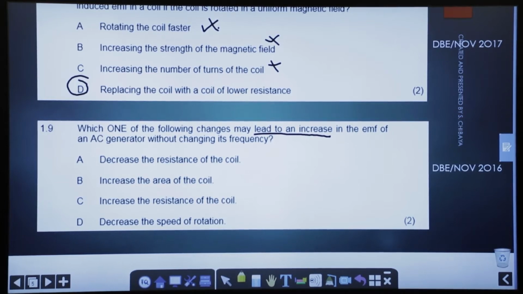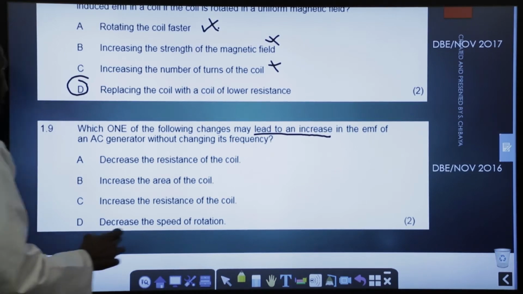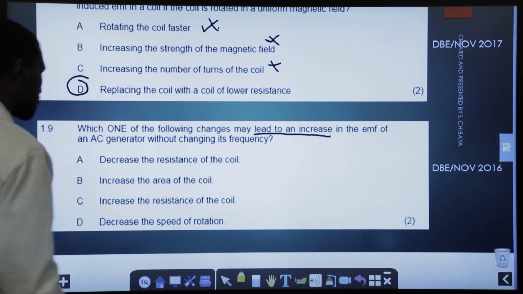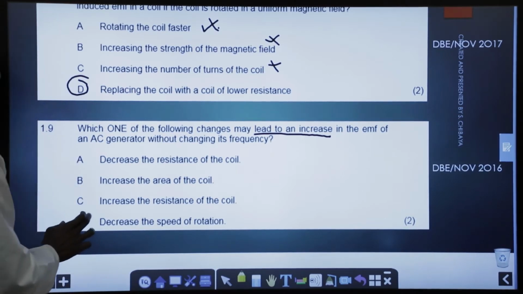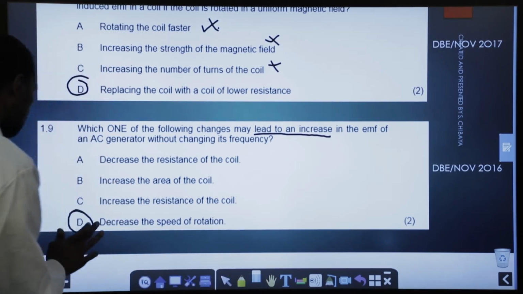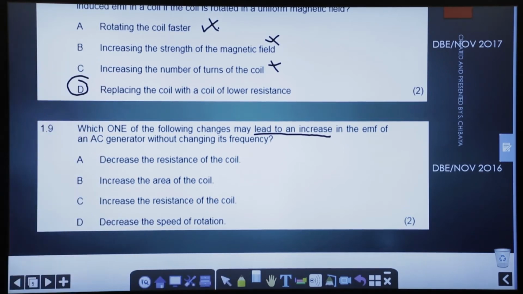Okay? Increasing the area of the coil. Increasing the resistance of the coil, increasing the speed of rotation. So there are three factors that we spoke about. If we decrease the speed of rotation, it does not change the EMF. So what do you think will happen?